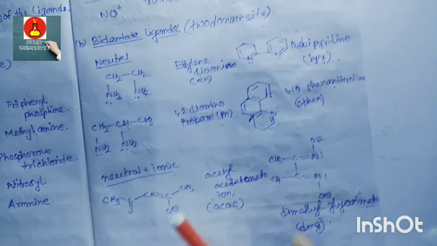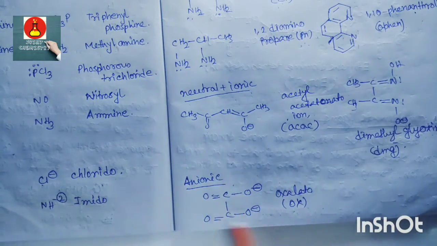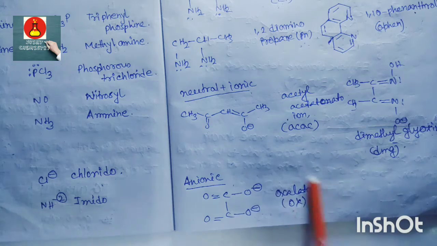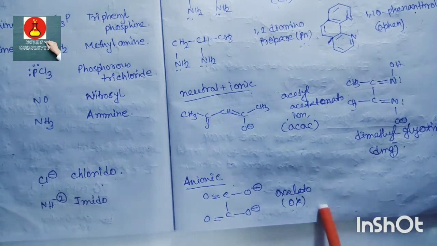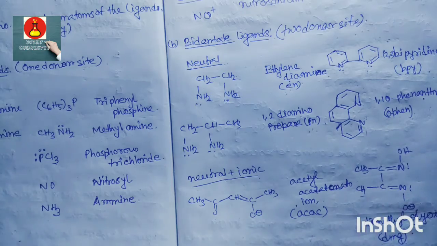And this is an example of a bidentate ligand where both donor sites are anionic. It is oxalato. So these are some examples of bidentate ligands.